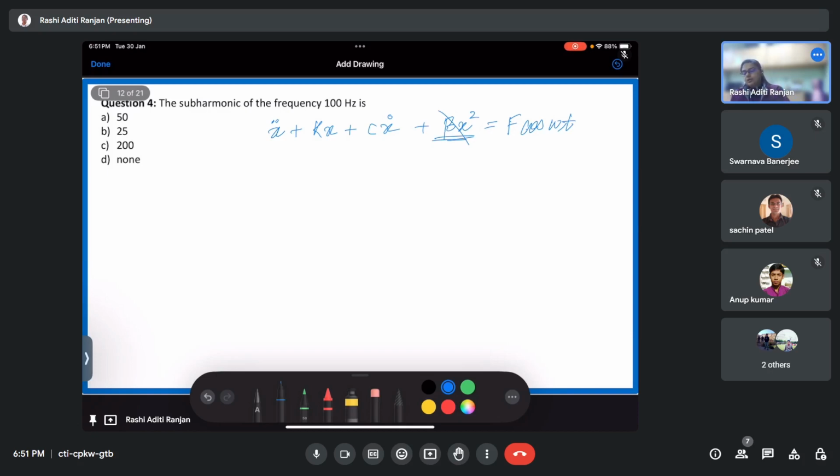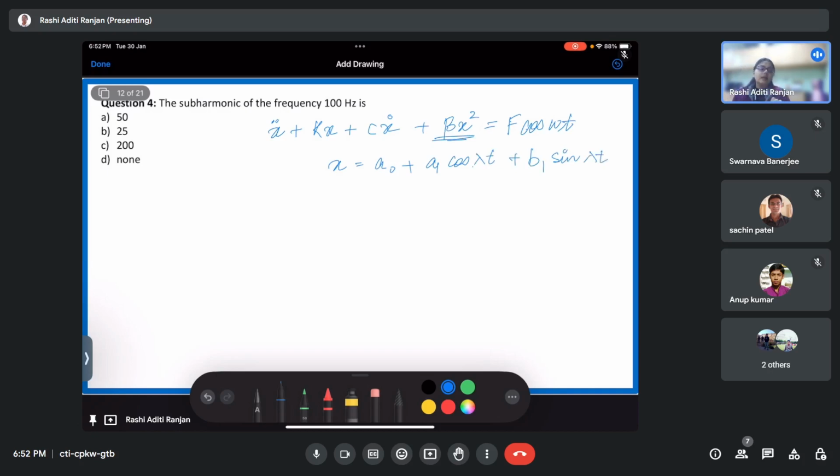Okay, so now this is a nonlinear system, correct? So I'll just assume a simple case where it is showing a periodic oscillation. In that case, I'm assuming x as a0 plus a1 cos of lambda t plus b1 sine of lambda t.